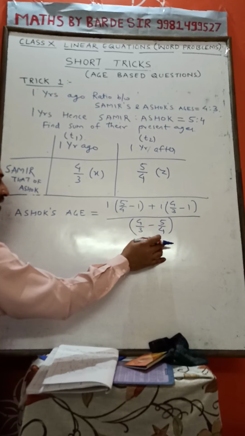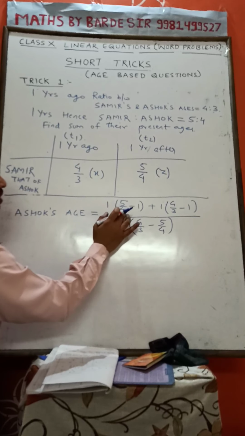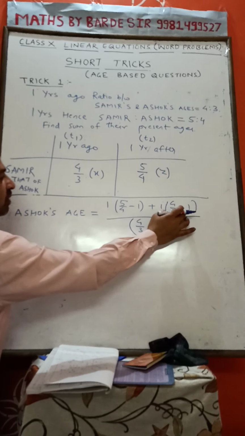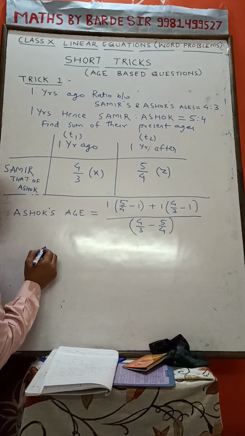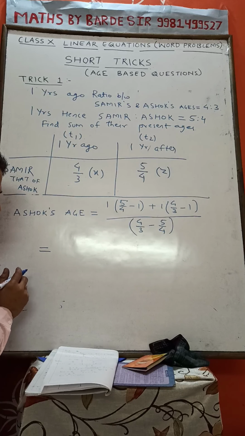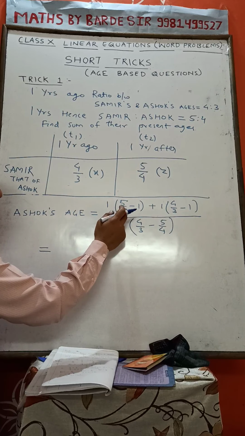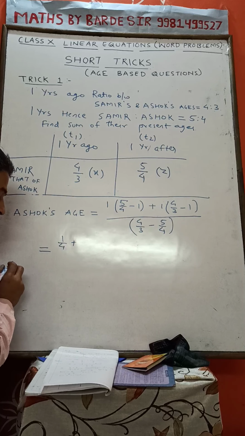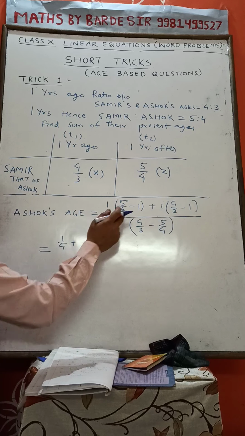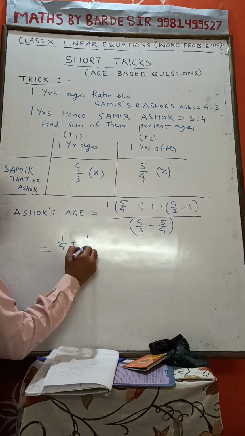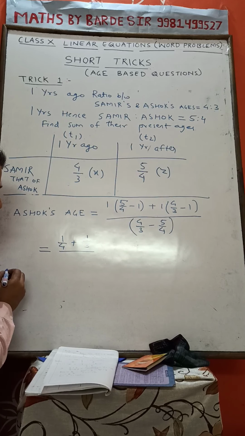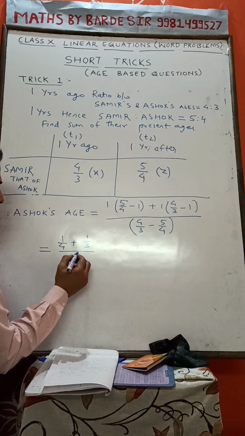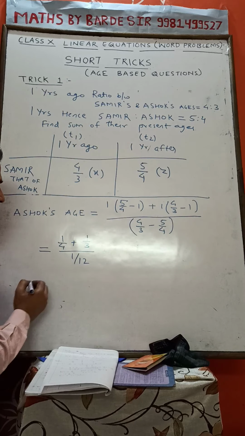That is T2 into Z minus 1 plus T1 into X minus 1 upon X minus Z. So simplifying this, we get 1/4 plus 1/3 upon 16 minus 15, 1/12.